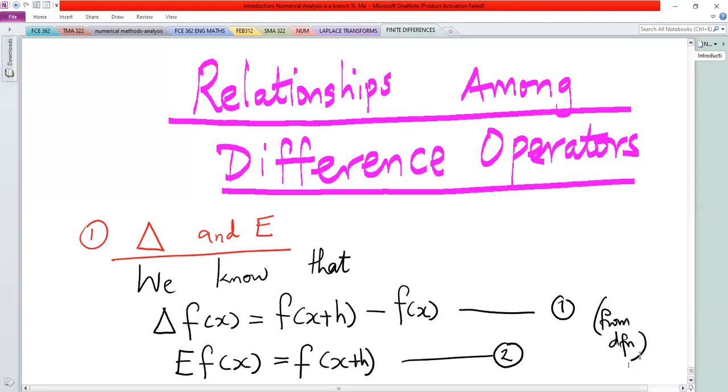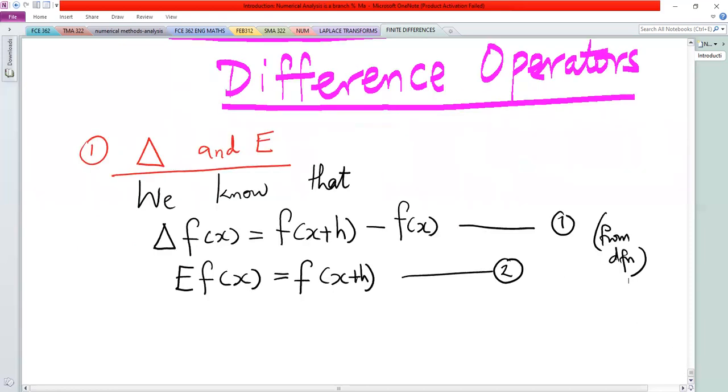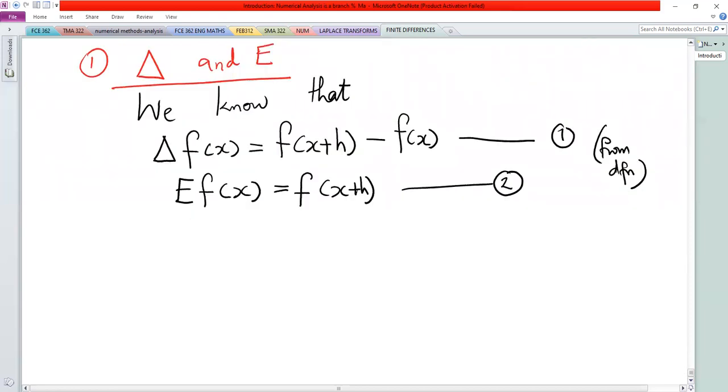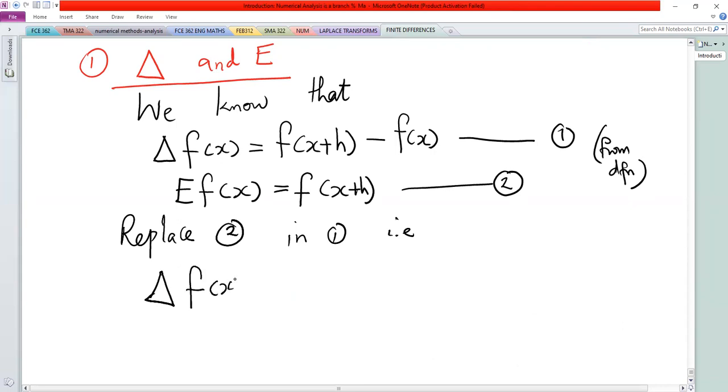Now, which means I can always replace equation 2 in equation 1, because this part has f of x plus h. So replace 2 in 1, i.e. 1 will be forward of f of x. So instead of writing f of x plus h, I write shift of f of x, and then minus f of x.